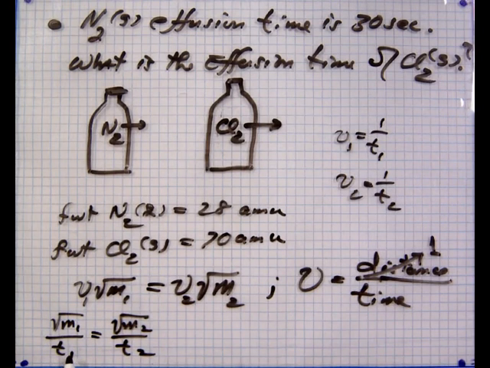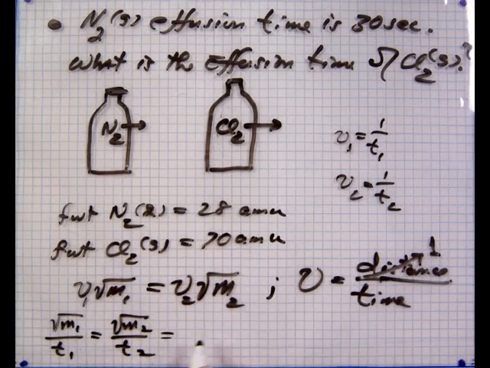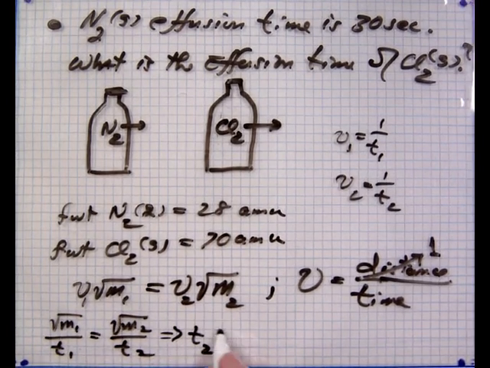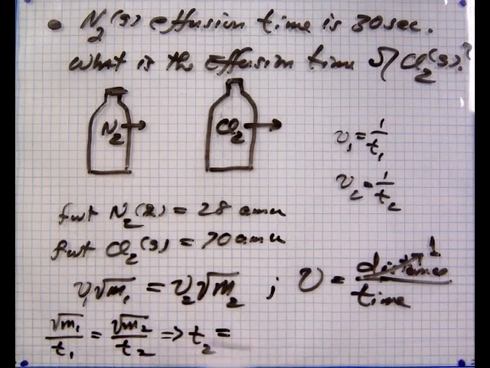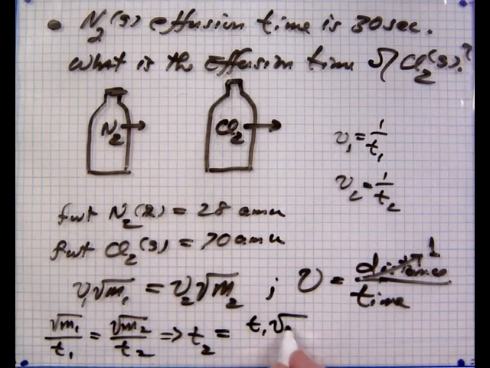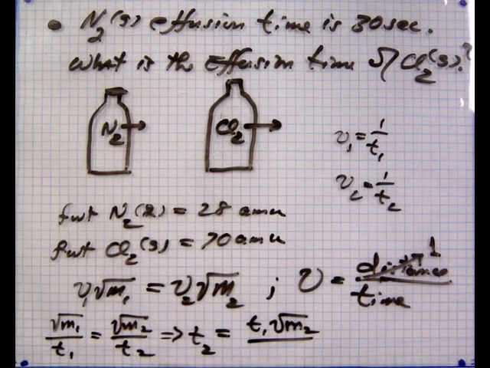Mass over time, okay, you got that. Notice that mass 1 over time 1 equals mass 2 over time 2, just square root the mass. And we're looking for time 2 right here. So we'll have time 1 times the square root of M2 over the square root of M1, like that. Be sure T2 goes up, down, inverse, multiplication, yeah, right.